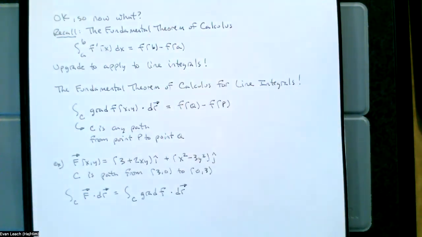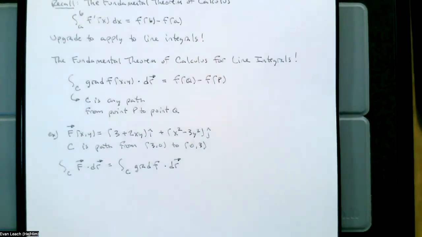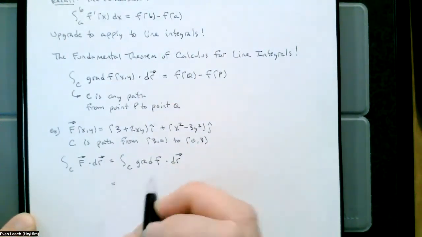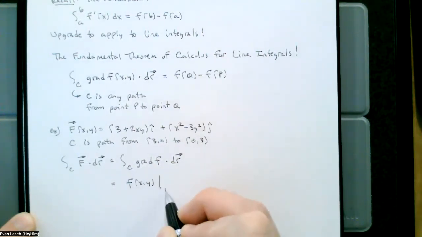So we notice that F is a gradient field. Which means that we could just take F and evaluate at the endpoints.